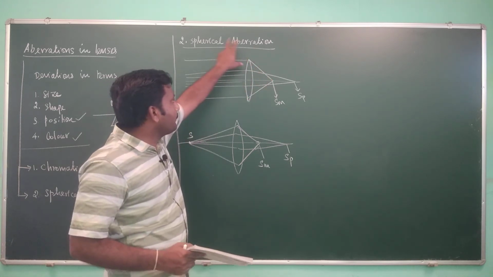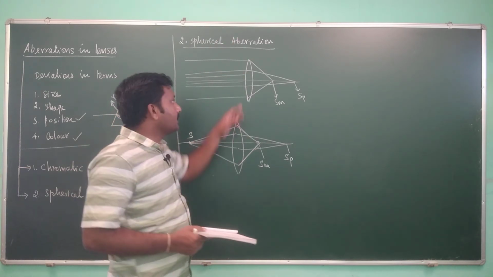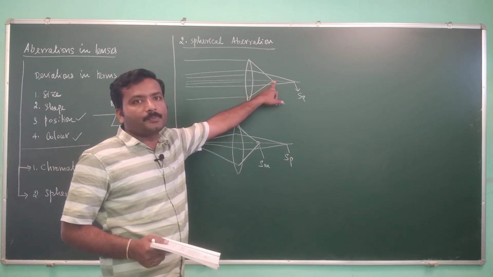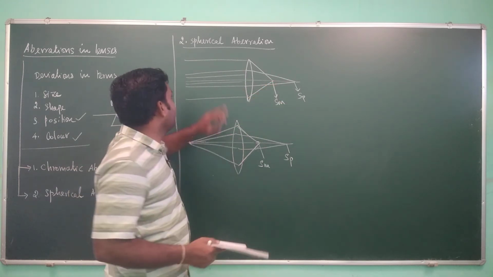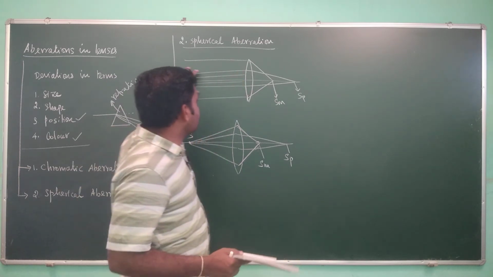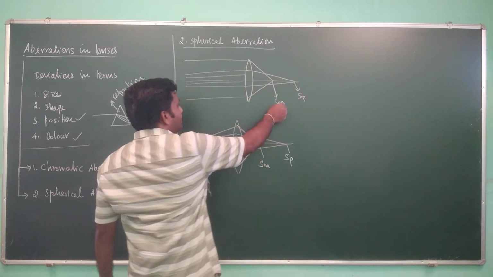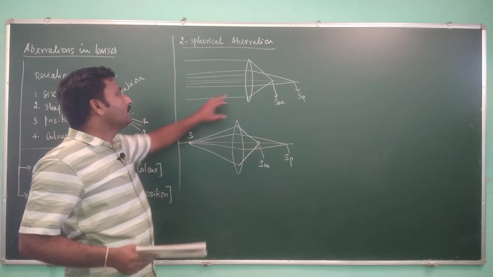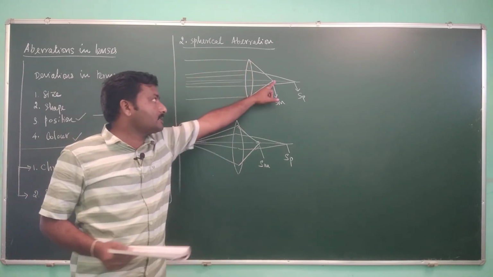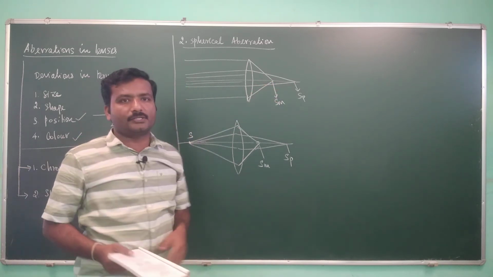If the lens aperture size is effectively very large, in that case what happens? The marginal rays focus at a point on the principal axis. At the same time, the rays coming parallel and which are in very close proximity to the principal axis focus at a different point. So here SM stands for the light ray that is coming towards the margin and it is focused at this point, while SP is the focal point for the paraxial rays.